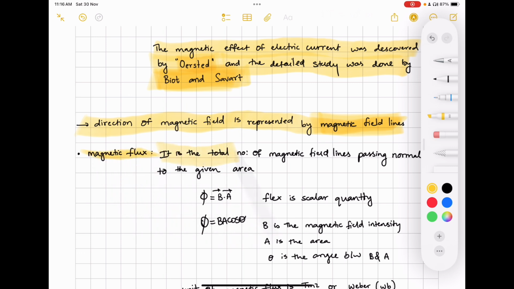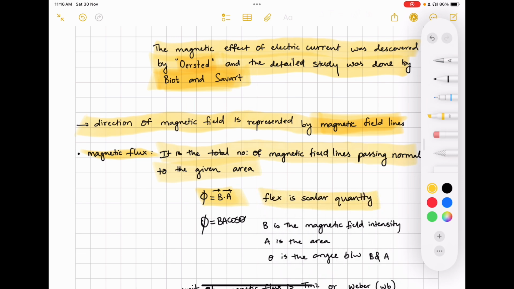Magnetic flux is the total number of magnetic field lines passing normal to the given area, and phi is B dot A. Since phi is the dot product of B and A, phi is a scalar quantity.